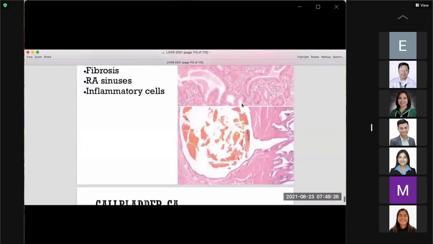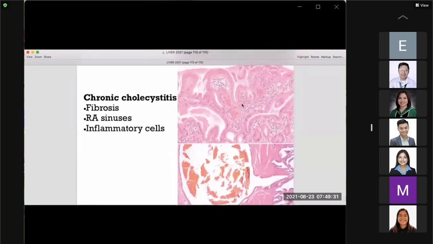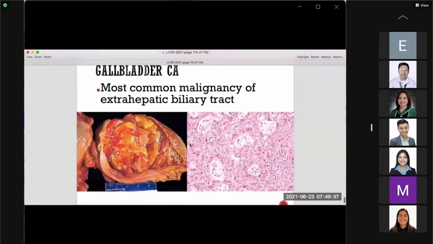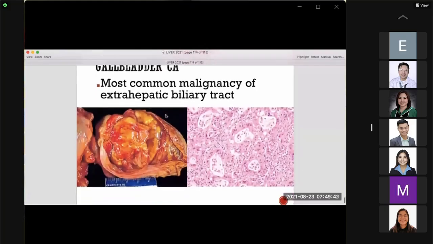We can also have cases of acute cholecystitis, where we get to see neutrophilic infiltration, or a combination of acute and chronic cholecystitis. Gallbladder carcinoma, this is the most common malignancy of the extrahepatic biliary tract. So this is a gross gallbladder. There is a large area here.